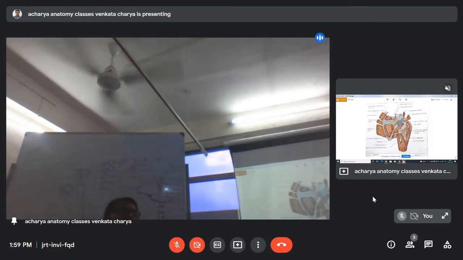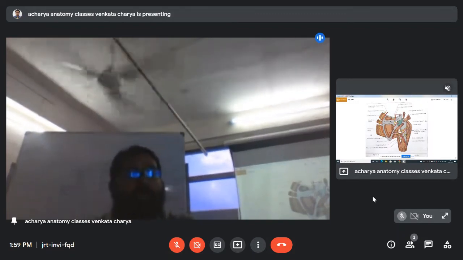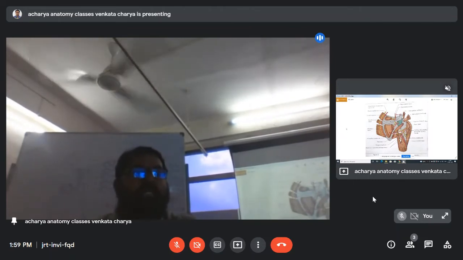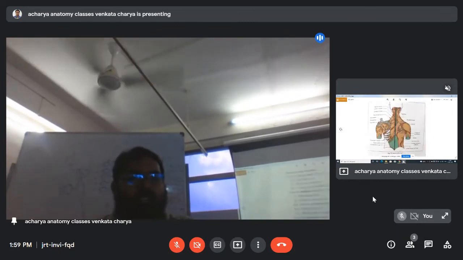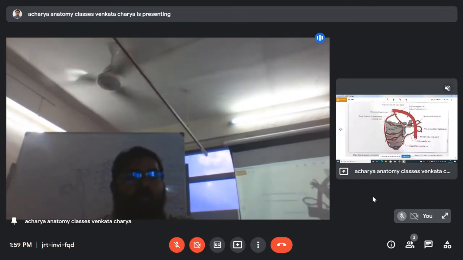The dorsal scapular nerve, which arises from the C5 root of the brachial plexus. Are you getting? Next one, the long thoracic nerve. So you get 2 marks. What did it supply? Levator scapulae muscle, rhomboid minor and rhomboid major. Very good. So you get those 2 marks like that.